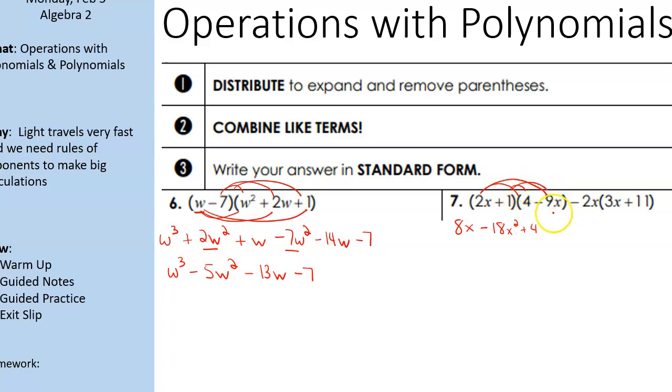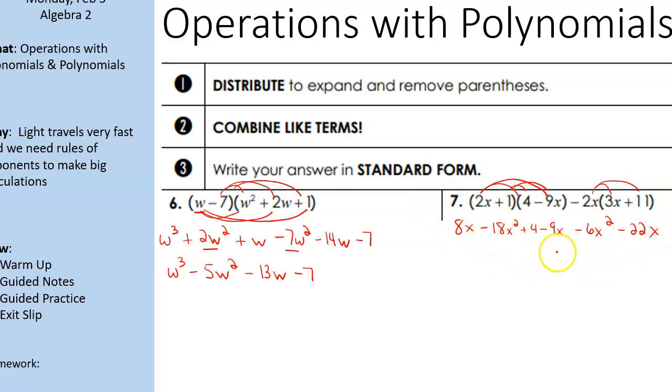And 1 times negative 9x is negative 9x. And then the second set here, I'm going to multiply by the negative 2x through. So negative 2x times 3x is negative 6x squared. And negative 2x times 11 is negative 22x.